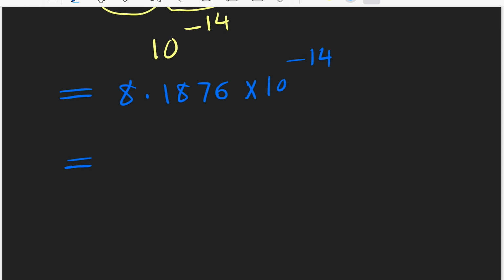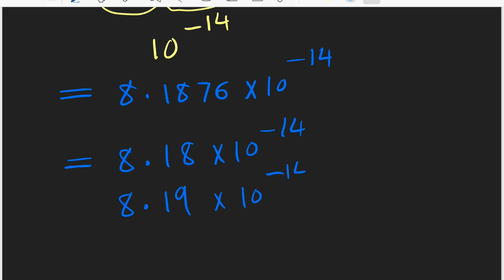But I have 2 options. I can write 8.18 times 10 to the power of minus 14, or 8.19 times 10 to the power of minus 14. Which one do you think is correct?